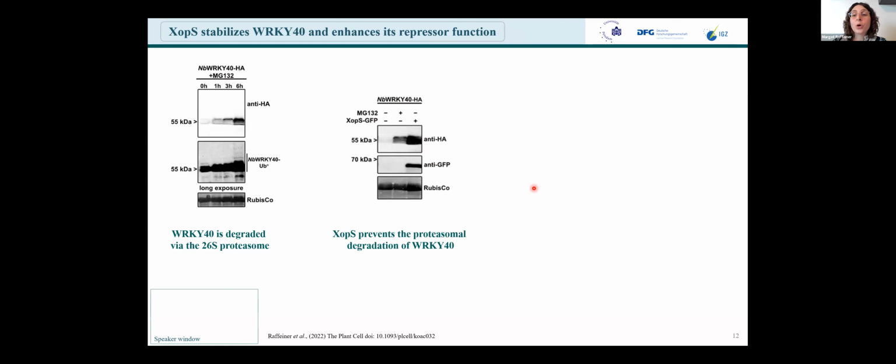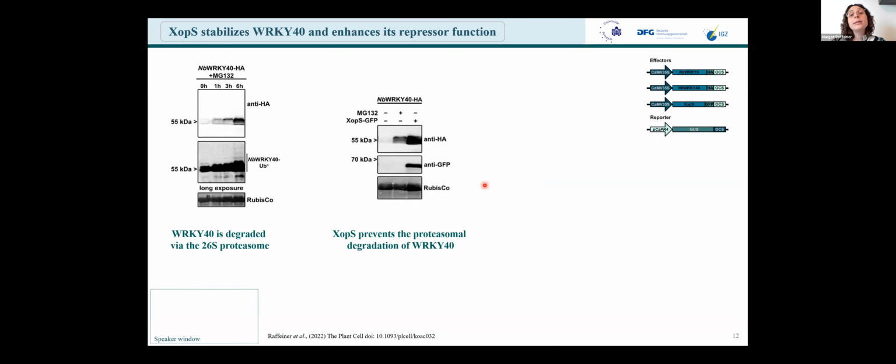So at this point, we thought, okay, it might be the case that XopS is able to repress the expression of defense-related genes by stabilizing this negative regulator of defense. And indeed, we could also prove our hypothesis by performing GUS reporter activity assays.